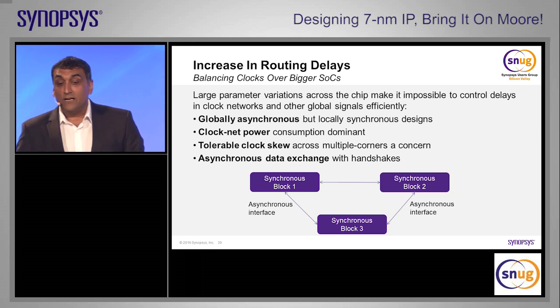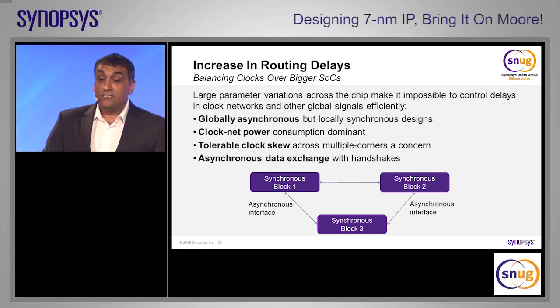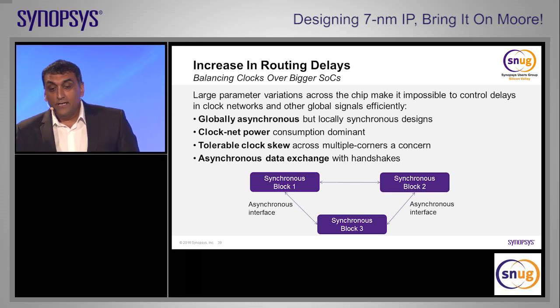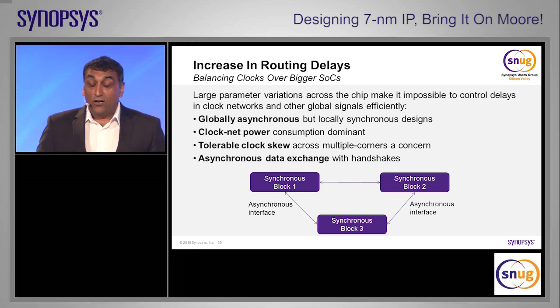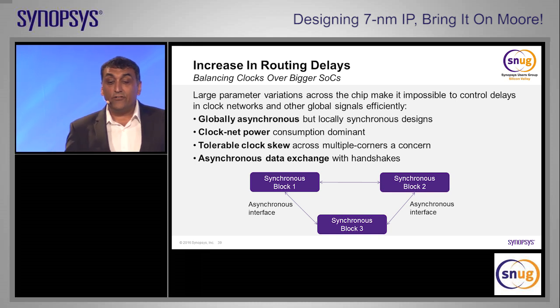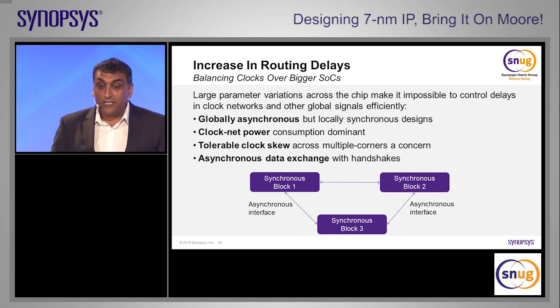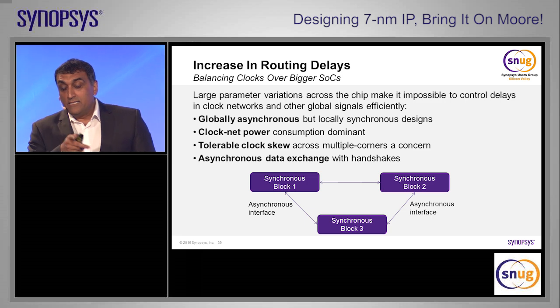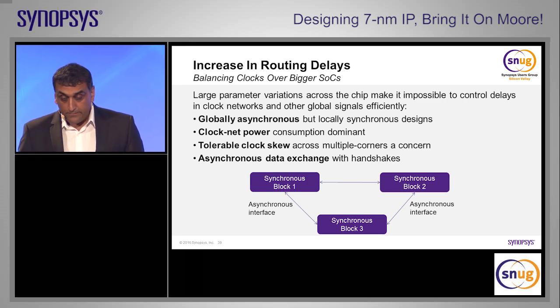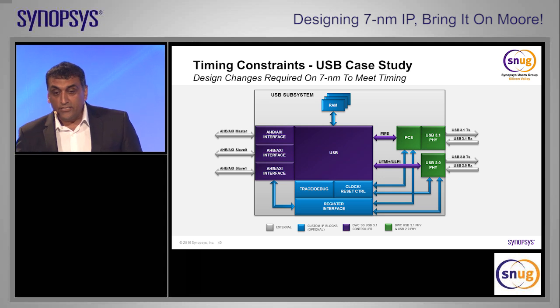We're starting to look at this type of technology to solve some of the large parameter variations. The clock net power is very dominant. You've got to manage the clock skew over multiple corners. And then you do asynchronous data exchange, again, going back to the GALS concept, by having dedicated synchronous blocks and handshaking asynchronously between them.